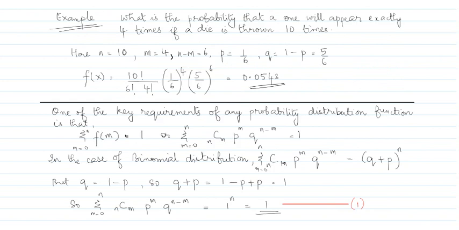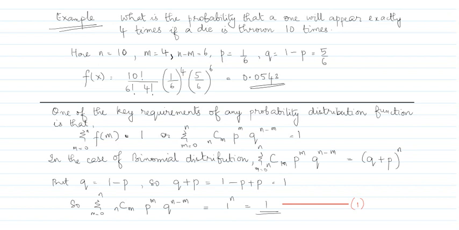Okay, NCM p raised to m q raised to n minus m equal to 1. Now we know in the case of binomial distribution, this thing summation, this thing NCM p raised to m q raised to n minus m is nothing but q plus p raised to n. അല്ലേ? ഇനി q എന്താണ്? q is the probability of failure which is given by 1 minus p. So your q plus p would be just 1.